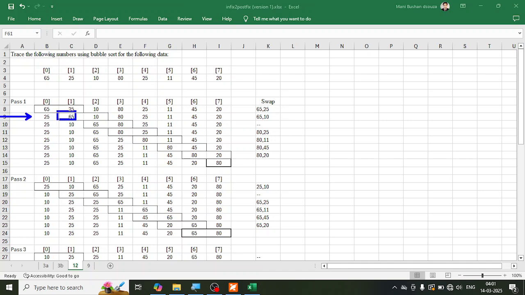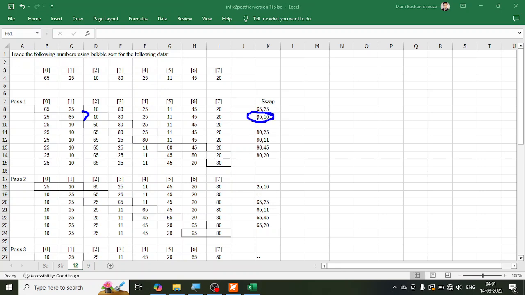In the second iteration, you have taken the first element, and you go to the second element over here. You compare 65 with 10. You notice that 65 is larger, and our intention is to push the larger bubbles to the surface. So since 65 is greater than 10, we are going to swap 65 and 10.